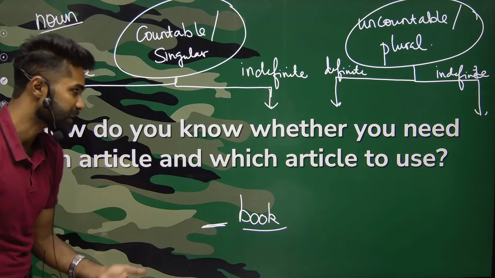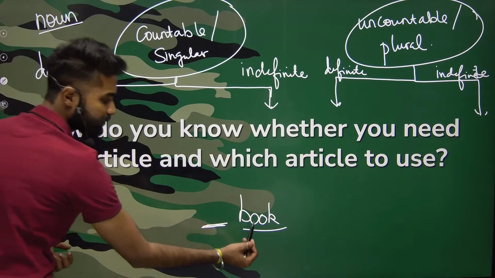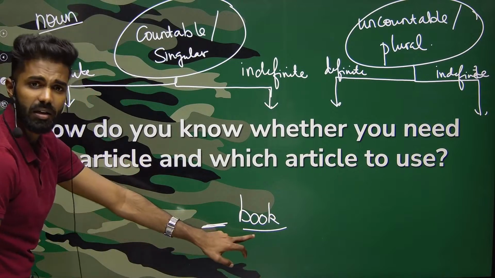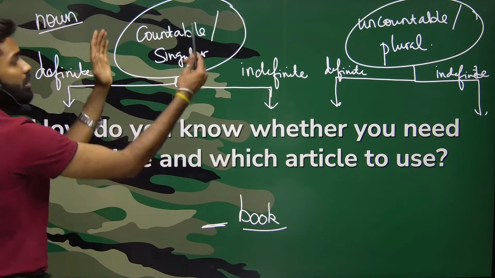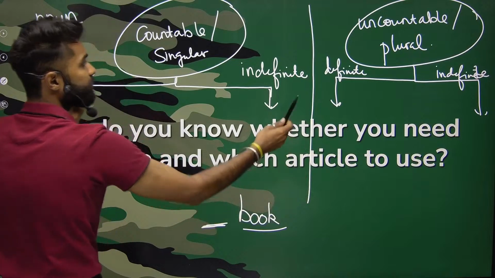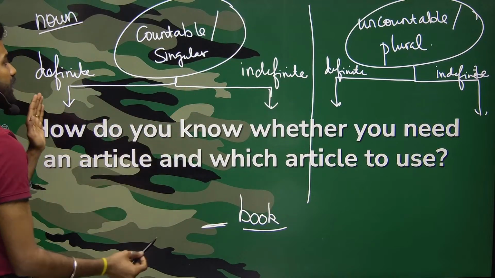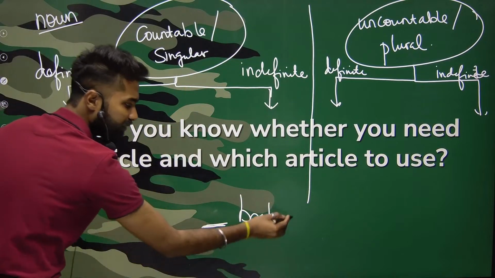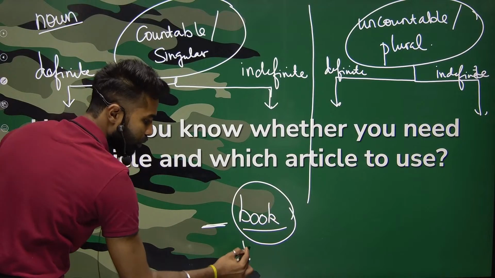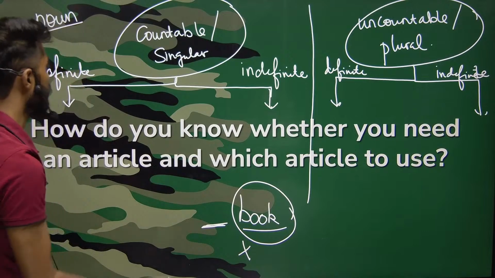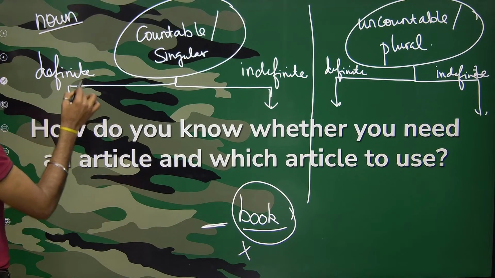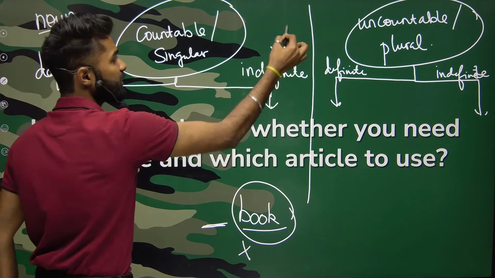Now we have to categorize this. Is it singular? Yes, it is singular. Is it countable? Of course, it is countable. So now we have to focus on this area. Is it definite? Do I have anything about this book? No, I don't have any detail about this book. So it is not definite, it is indefinite.